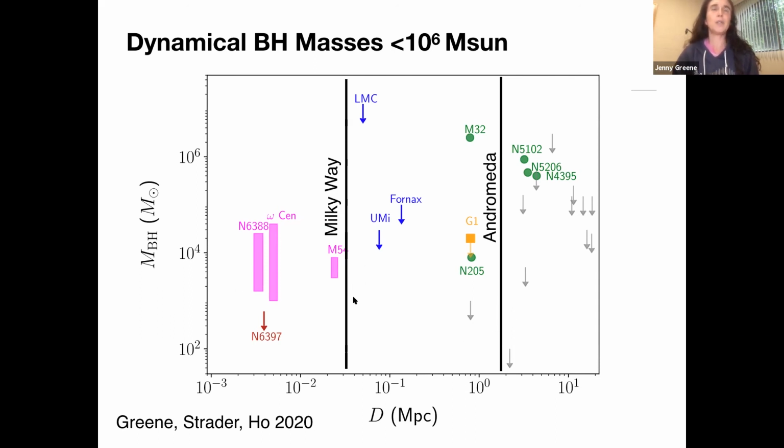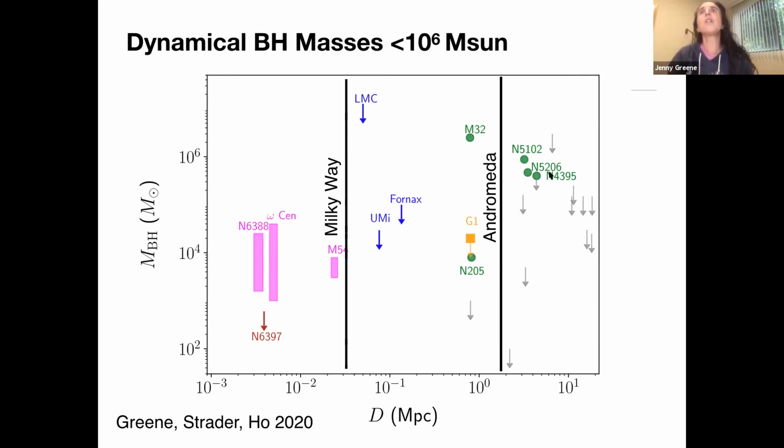In the case of the globular clusters, the tops of these bars are published detections. The bottoms are published upper limits. So I think that tells you everything you need to know about the state of that field. There are no convincing cases of black holes at the centers of globular clusters to date.